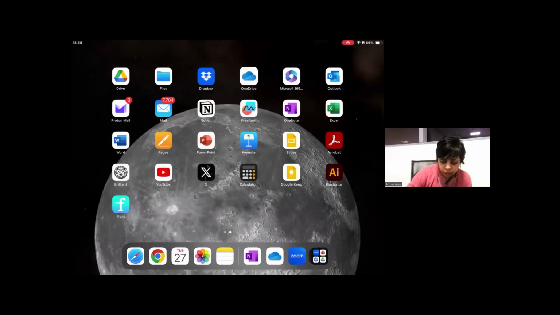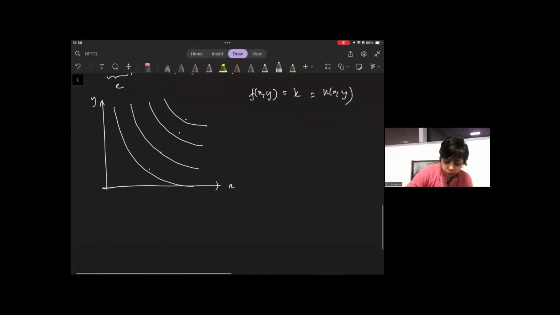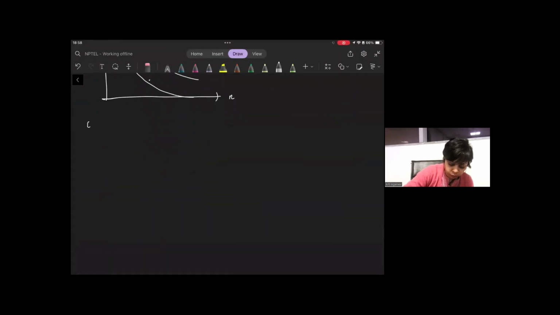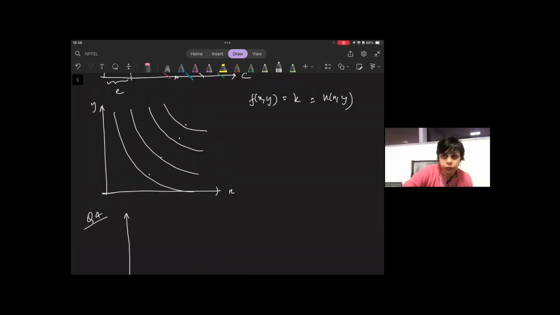So let me draw it here. Question, what is this question number? 4. So what we normally draw, let me look at this figure itself. We already have it here. In this, we're talking about increasing in this direction.